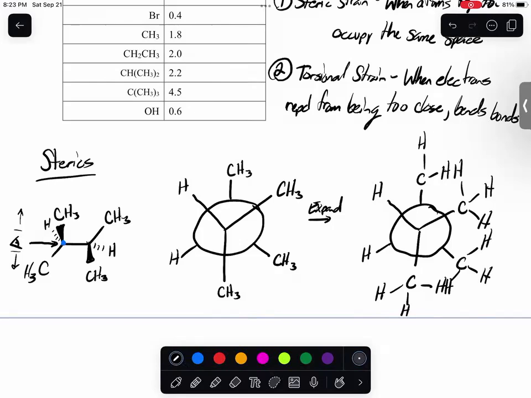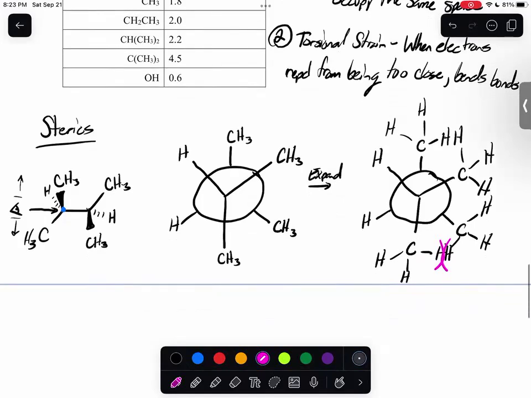This is an example of steric strain, because we can see down here, like these two hydrogens in particular, the way I've drawn them, it's very easy to see. And we denote the strain using these two crossed parentheses, sort of. So this right here, those are hydrogens bumping into one another. And wherever we see that, that is a sign of steric strain.